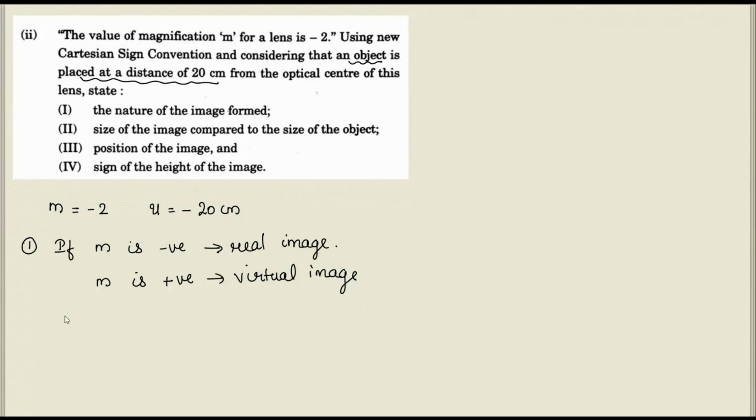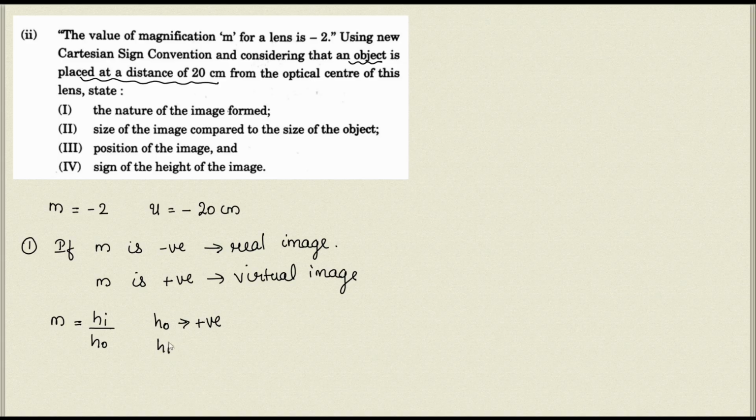So the method to find whether it is a real image or virtual image, we know the equation for magnification. Magnification is equal to hi by ho, height of image to height of the object. We know that height of the object will be always positive. Why? Because the object will be kept above the principal axis.